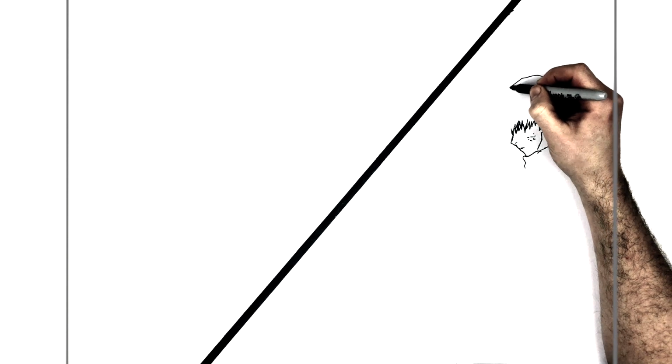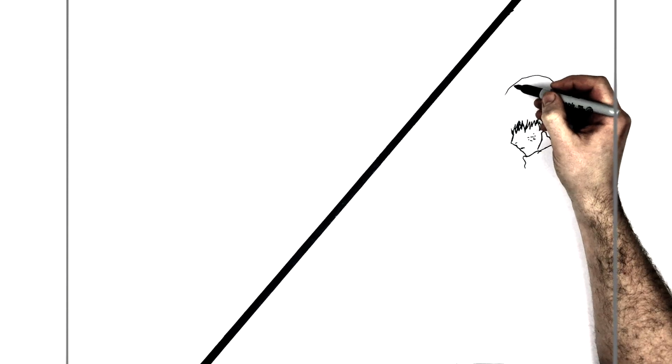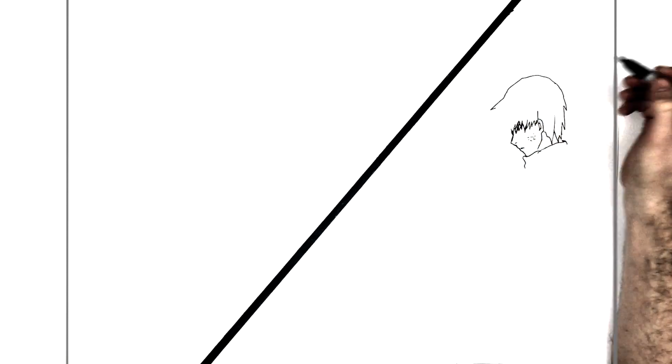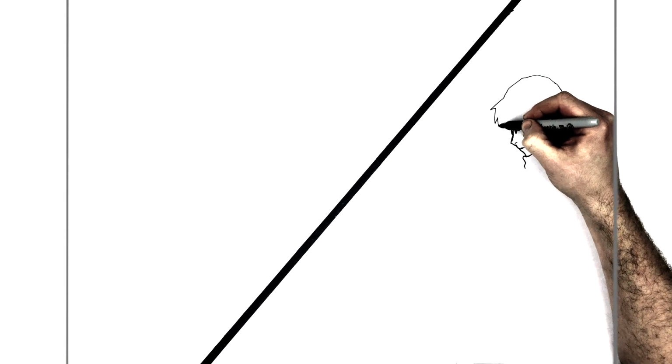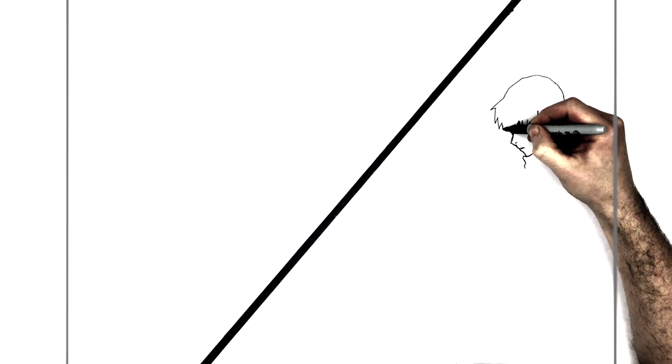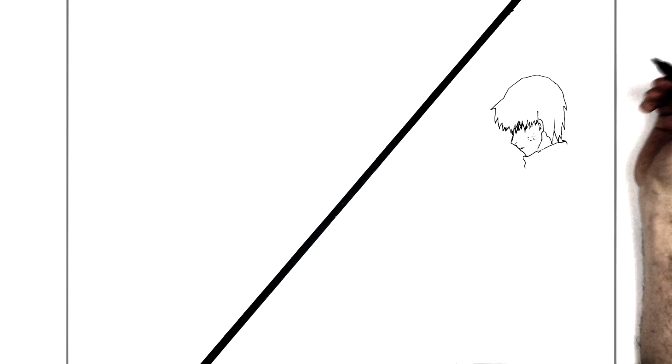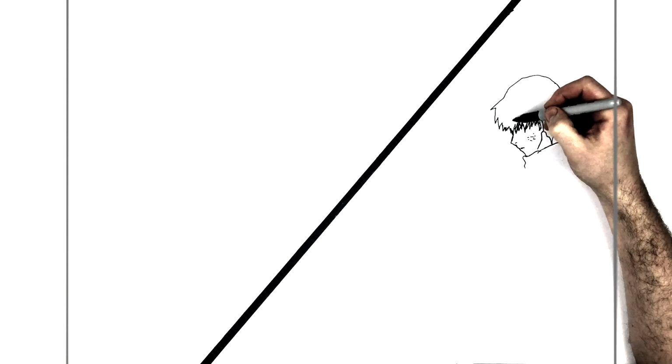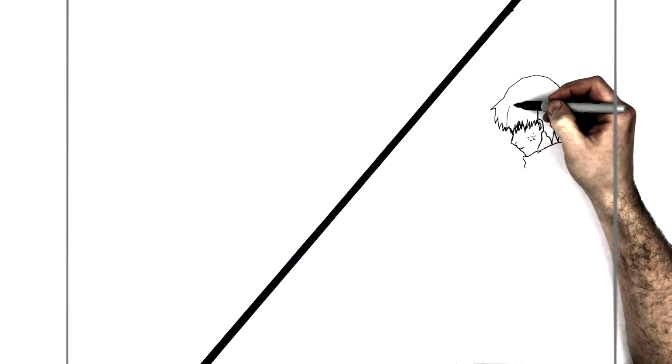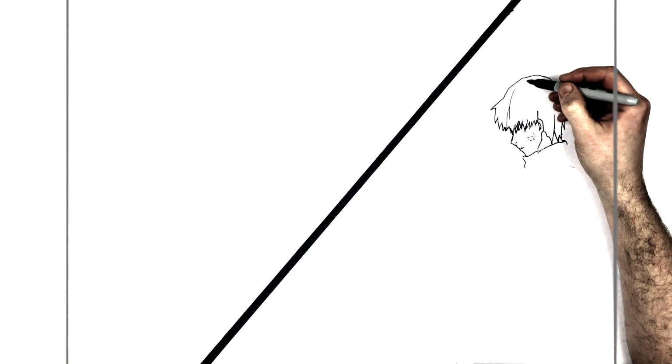Comes around all here. And then a bit kind of sticks out the front, and comes down, more spikes all the way down here. Like so, and then some hairlines here, texture lines for his hair.